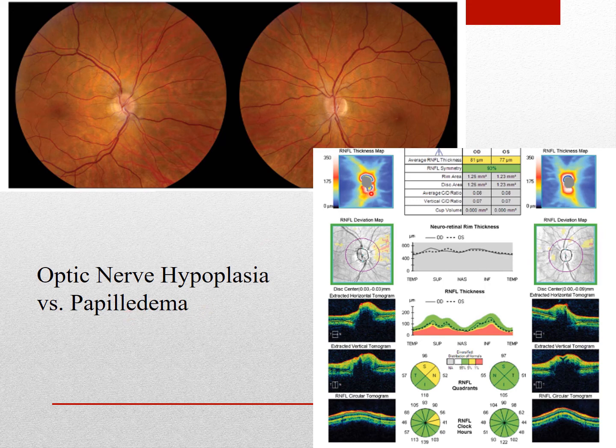Looking here at the thickness map, you see that the nerve fiber is like a figure 8, a semicircle on top and bottom. Usually it's more of an arcuate shape. So why is that? You see the same shape in the left eye. Going down here in the deviation maps, no sign of nerve fiber loss, which is pretty good.